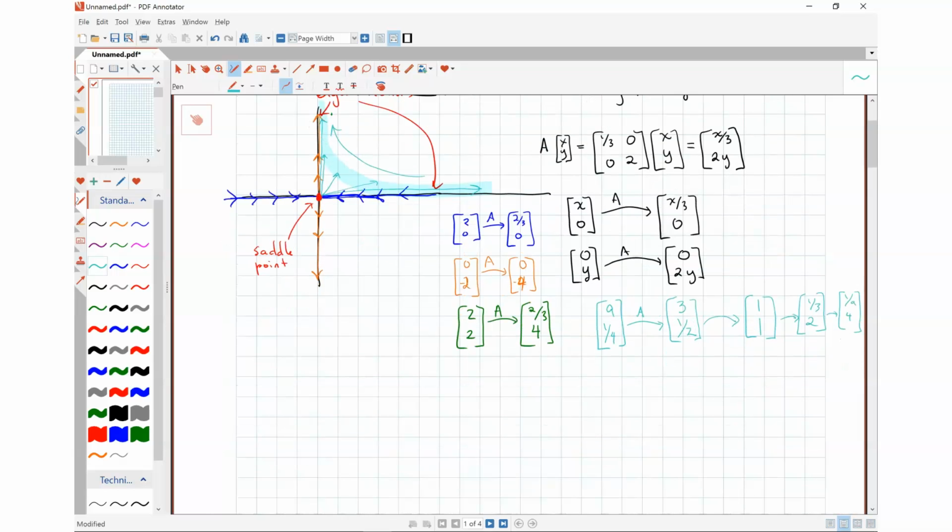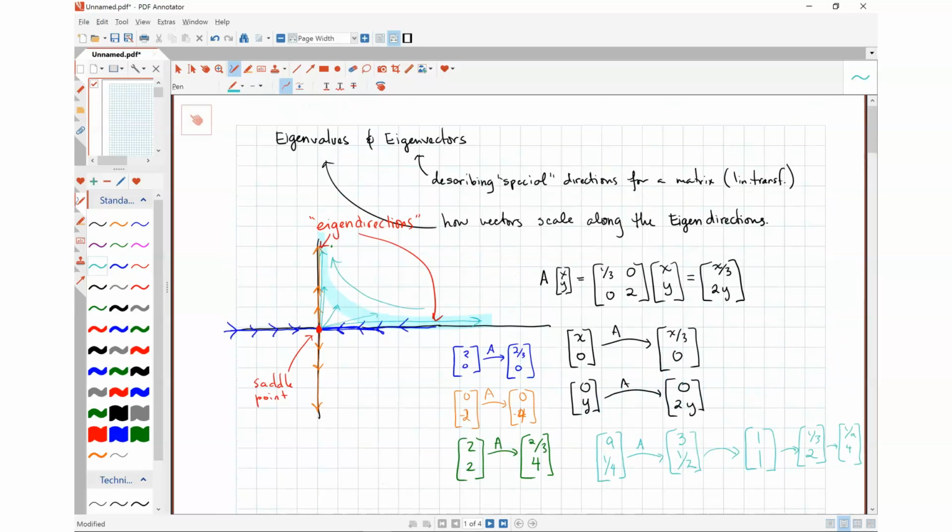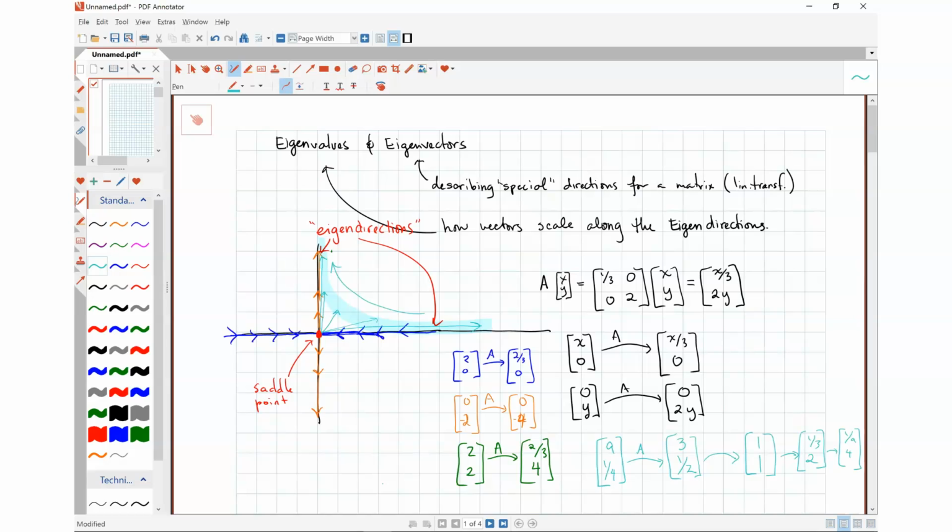All right, so in a nutshell, some matrices have special directions where, along those directions, the change made by applying a transformation amounts to nothing more than multiplying by a scalar.